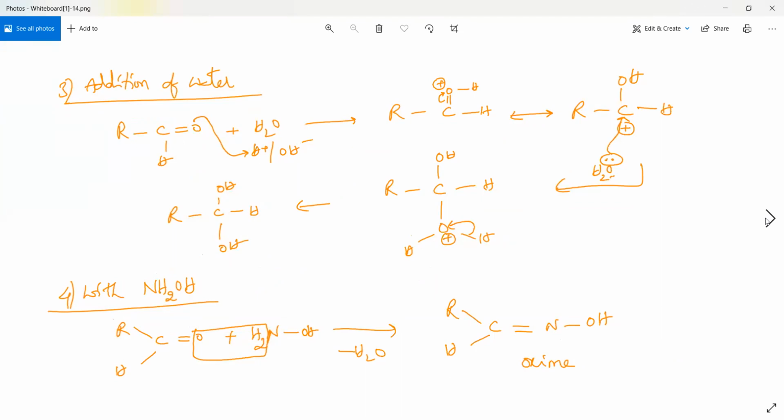With hydroxylamine, elimination of water takes place. So these reactions are easy to remember.